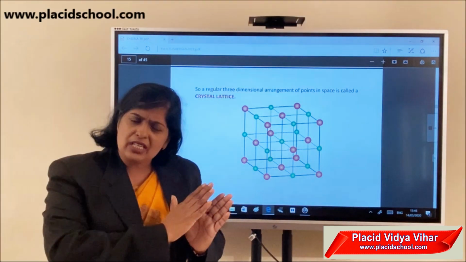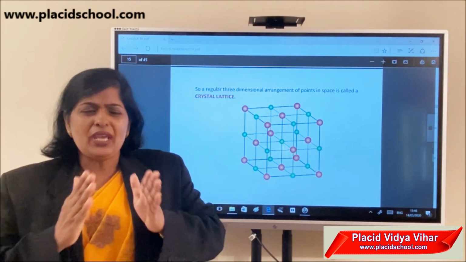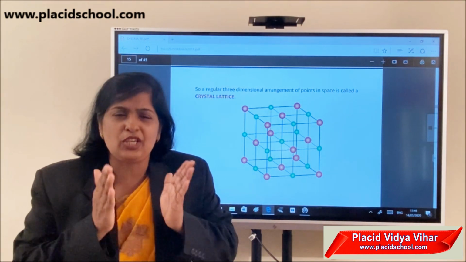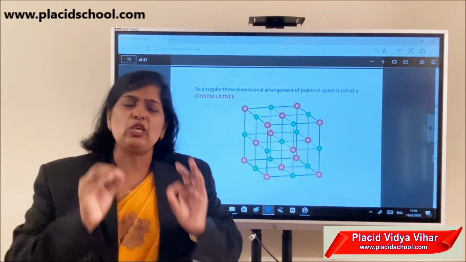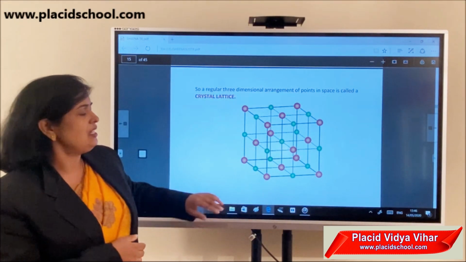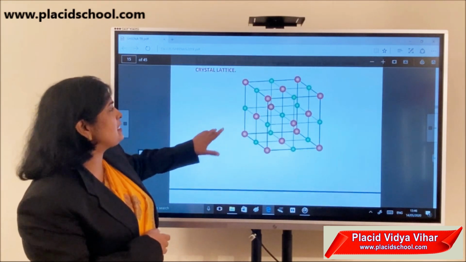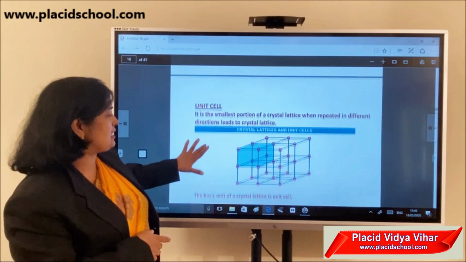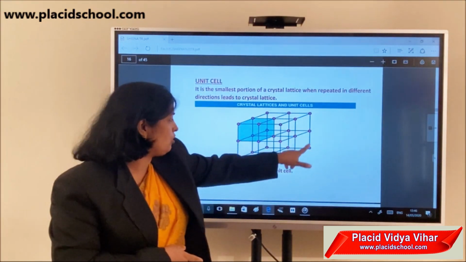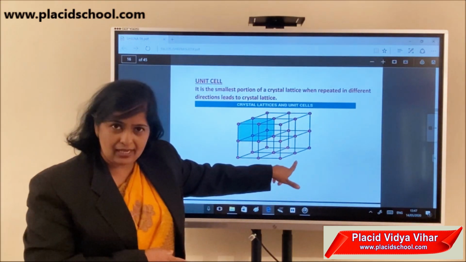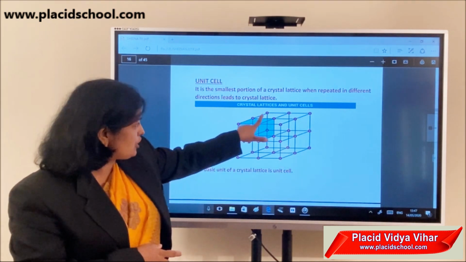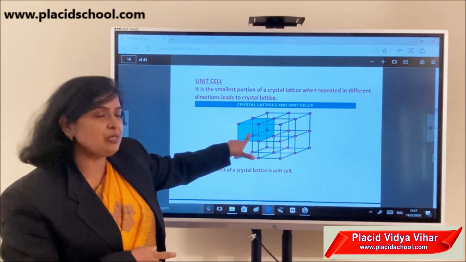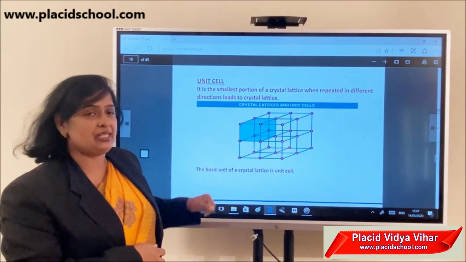When we arrange it in a definite fashion, we can take a basic unit, which is the simplest unit of the crystal lattice. I will show you, this is a crystal lattice, and the unit cell I will show you. The full diagram is a crystal lattice, and the part shaded in blue color is the unit cell.